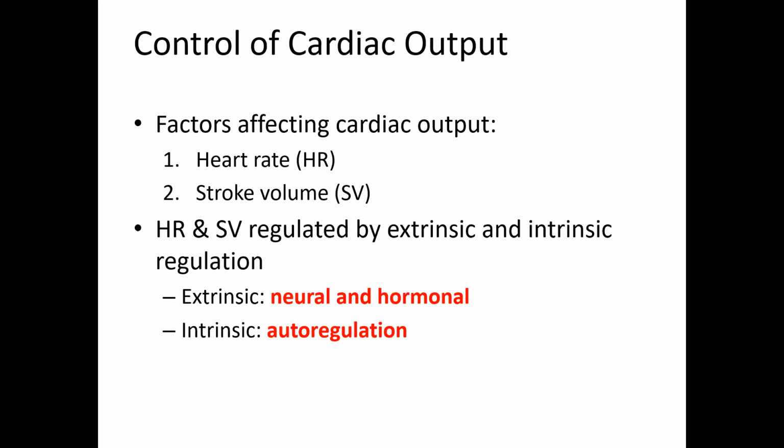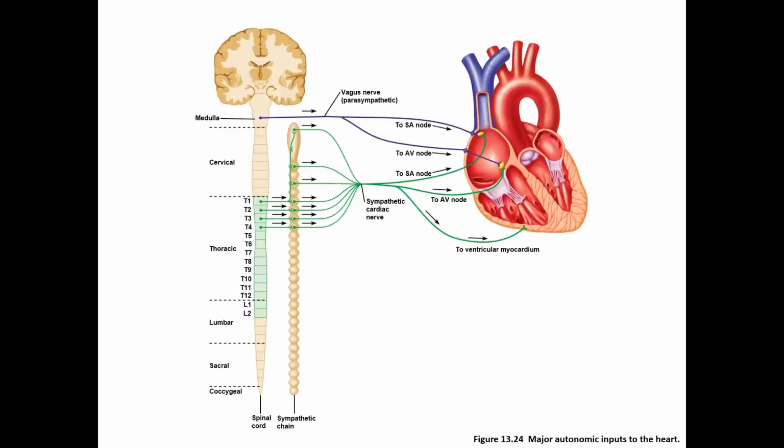So let's talk about some of those independent factors. So here's a schematic. We should remember this side of the screen. This is what the breakdown of the autonomic nervous system looks like. And we can see here some of the preganglionic neurons that are innervating the heart.